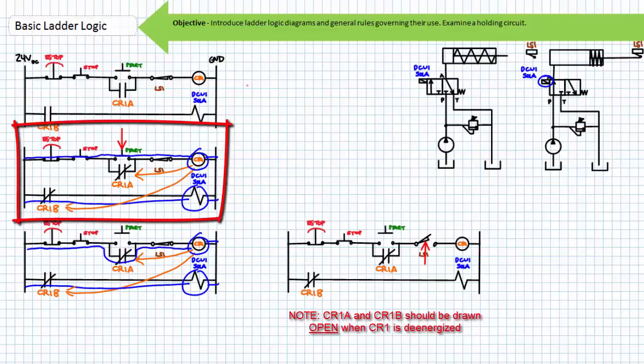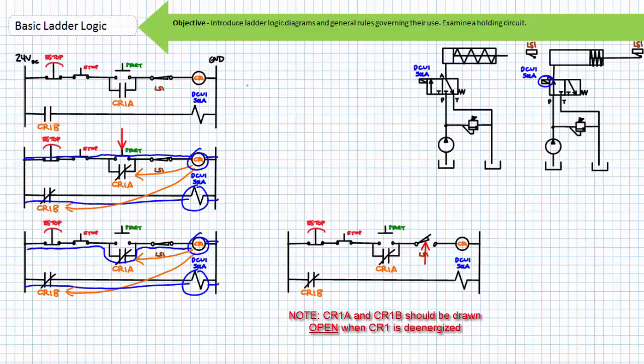If an operator were to press start, the momentary normally open start push button would close, and via the normally closed e-stop, the normally closed stop button, the now closed start push button, and the normally closed limit switch, the coil of CR1 would be energized. When the coil of CR1 energizes, its associated contacts change states.